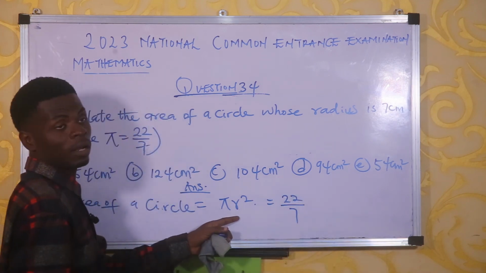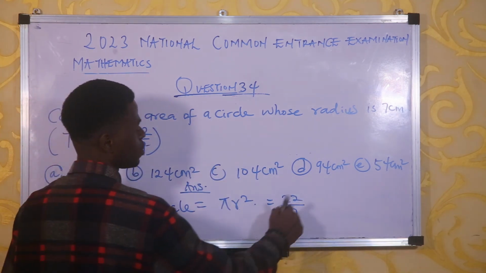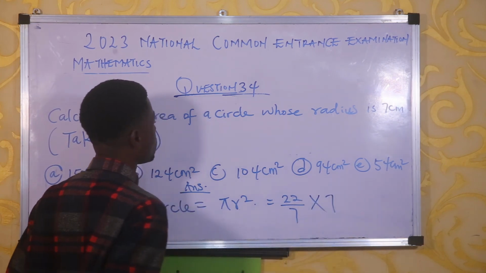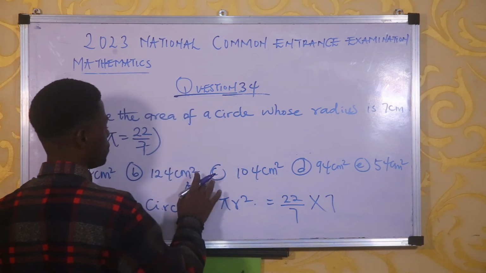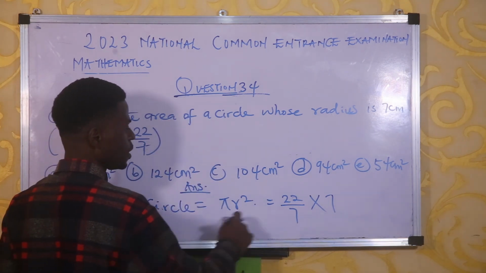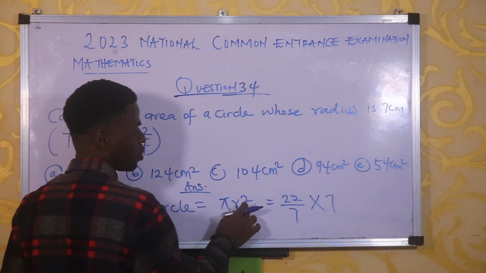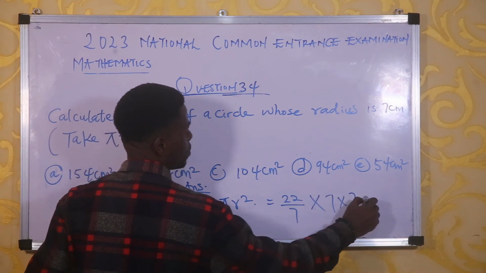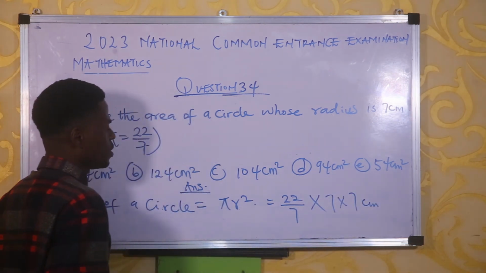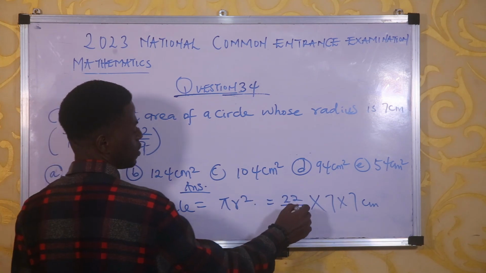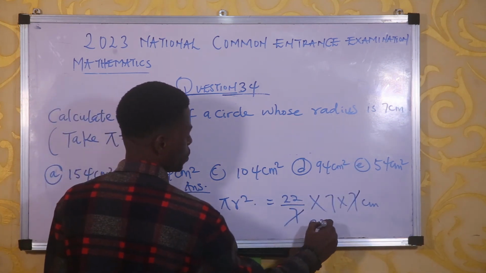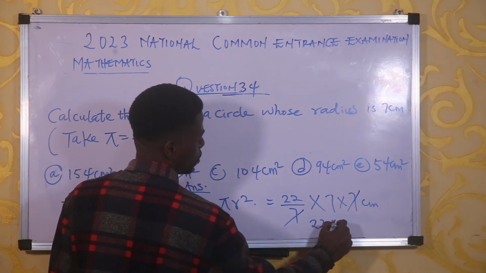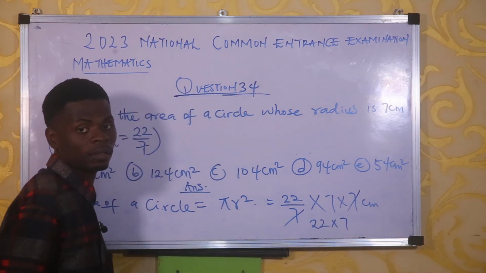Our r represents radius, which is 7 centimeters. Then r squared is 7 times 7 centimeters. So let us now cancel this. 7 cancels 7. Now remain 22 times 7.